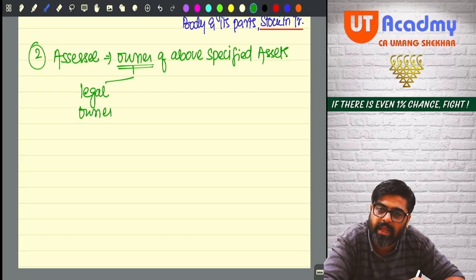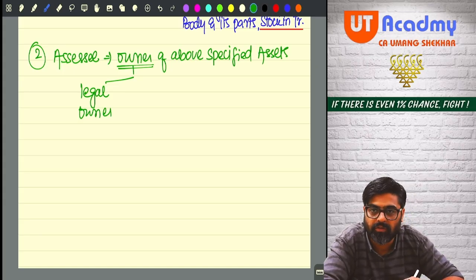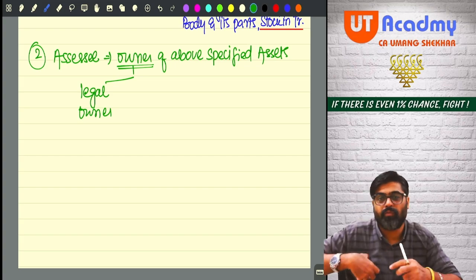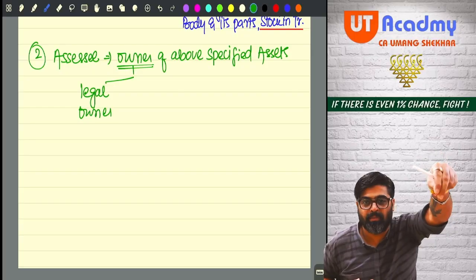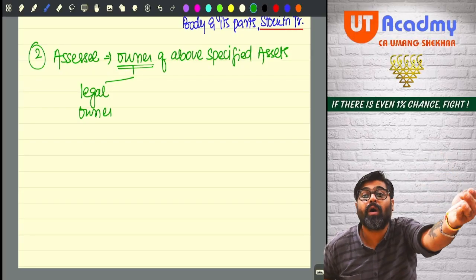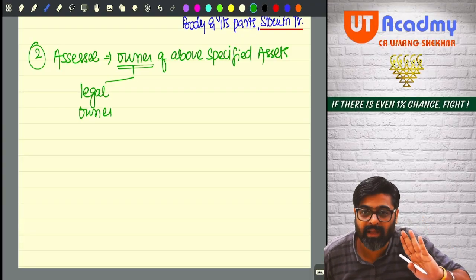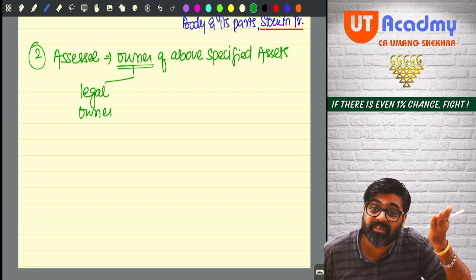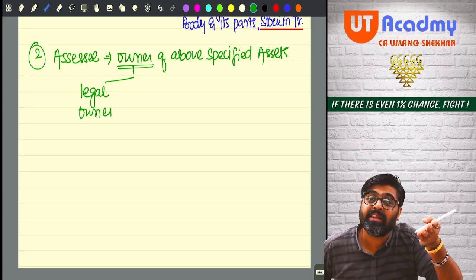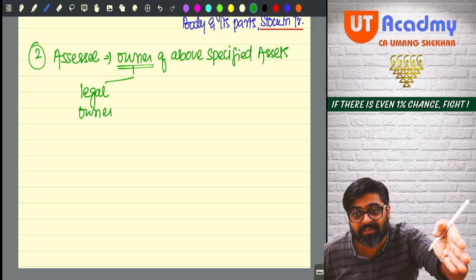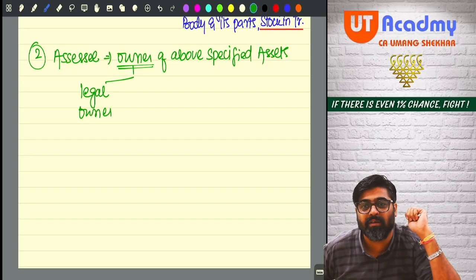Which type of owner? Legal owner. Sir, if you are the legal owner of the asset, it means that from your pocket you have spent money to acquire the asset, and as a result of that you became the legal owner. So the person who is the legal owner of the asset, that person himself has incurred the cost of that asset. That is the reason he is the legal owner.